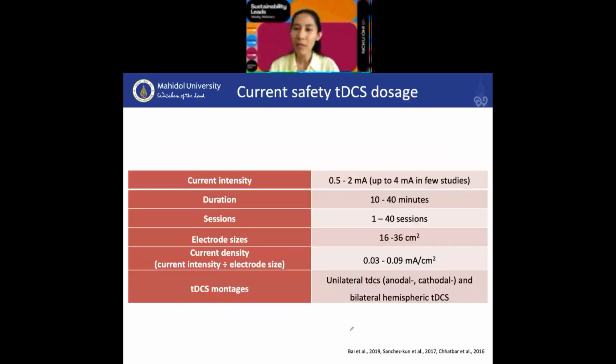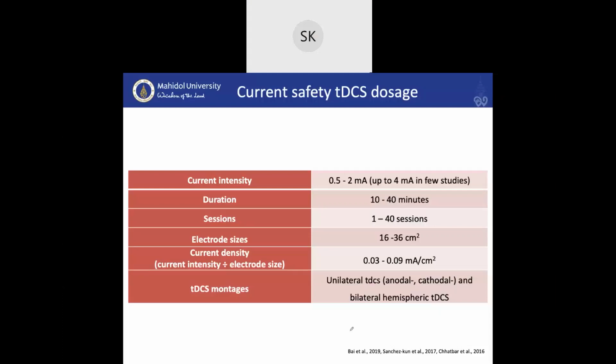Okay, let's have a look at the safety dose we use in research. Actually, we start from a current intensity of 0.5 to 10 milliampere. But nowadays, people try to find out if 3 or 4 milliampere would increase the effect, but it's done in field study.